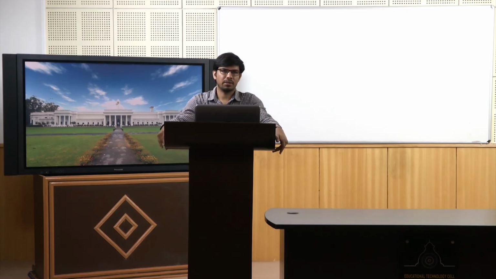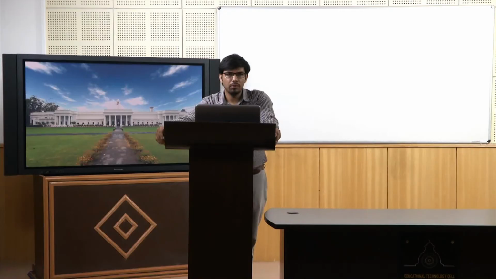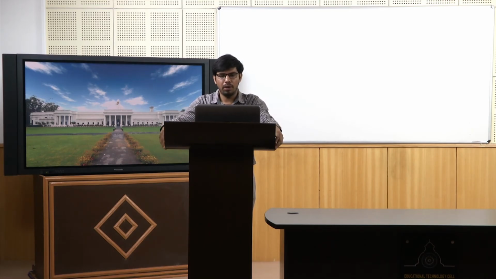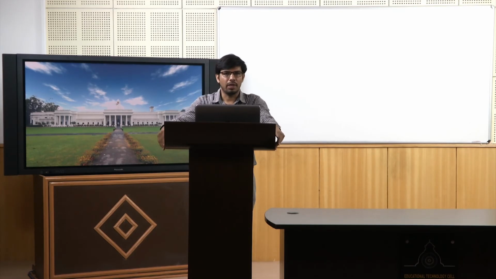We will not be assigning based on the higher probability value. What we generally do is assign a case to the class of interest if the probability for that class is above a cutoff value. We will define a cutoff value in such cases, and if the probability for the class of interest is higher than the cutoff value, that case or observation would be assigned to that class of interest, otherwise it would be assigned to the other class.